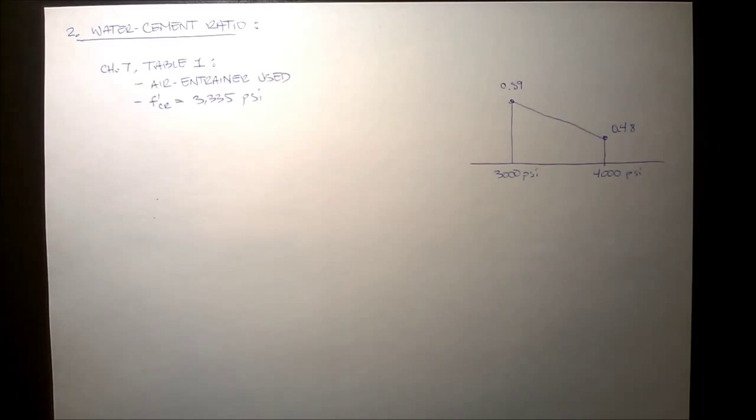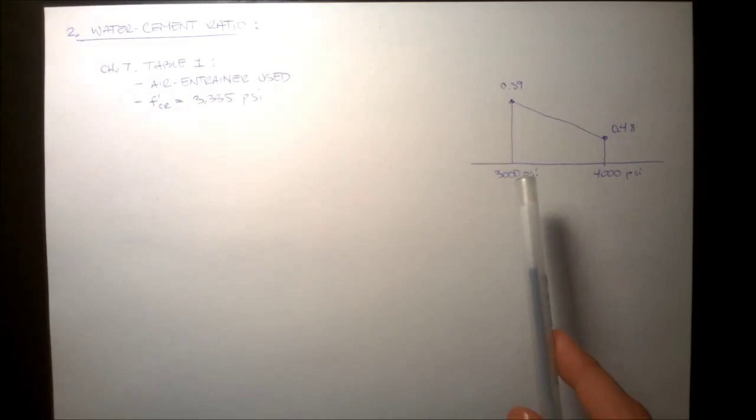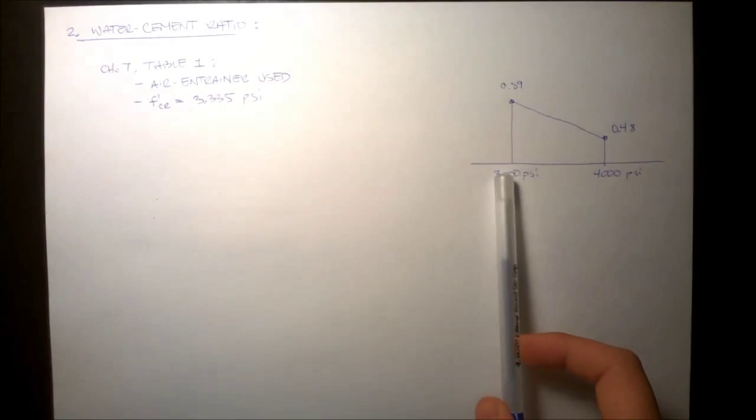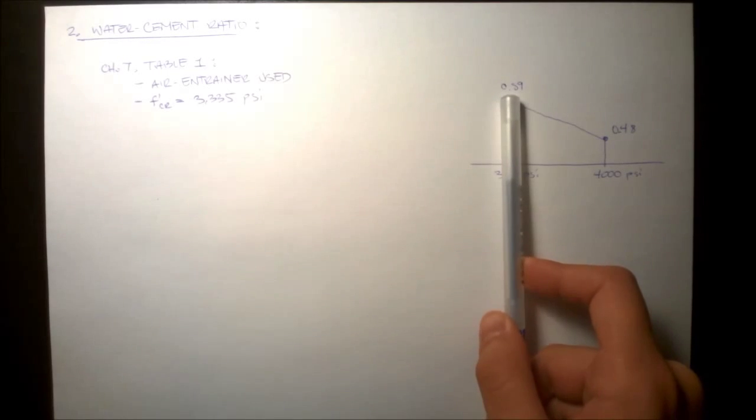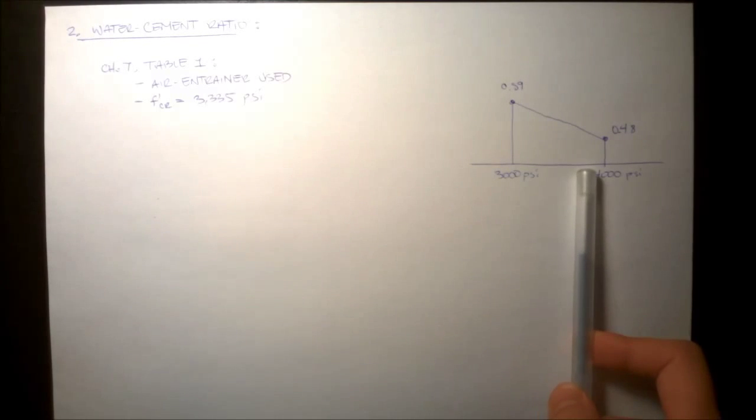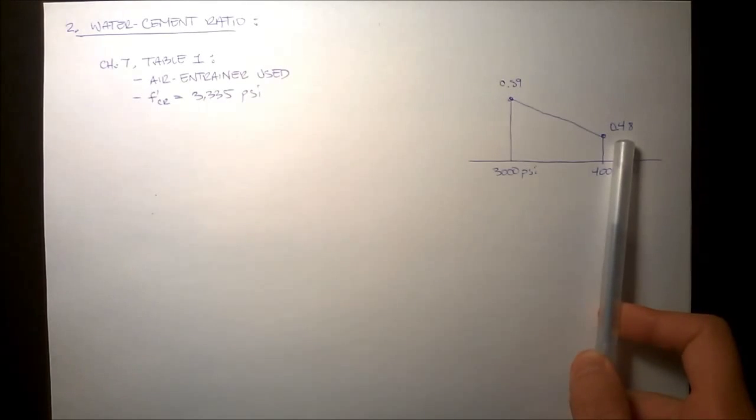In our mix, air entrainer was used, so we'll be looking at the air entrained concrete column. We're going to have to interpolate because 3,000 psi has a water-cement ratio of 0.59, and 4,000 psi has a water-cement ratio of 0.48.